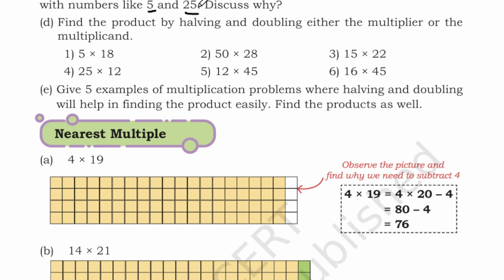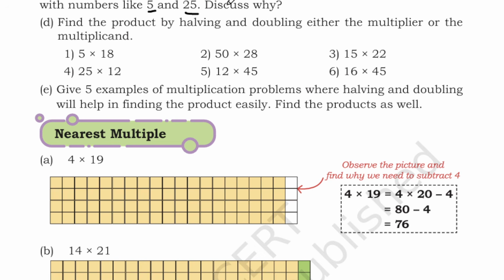And likewise 25, if you double 25, 25 plus 25, you'll get 50. So these kind of numbers, it will be easy for you to multiply. That's the reason they are telling it is easy to calculate for doubling, and also half. If you divide, it will be easy. Both the ways it's going to be easy.